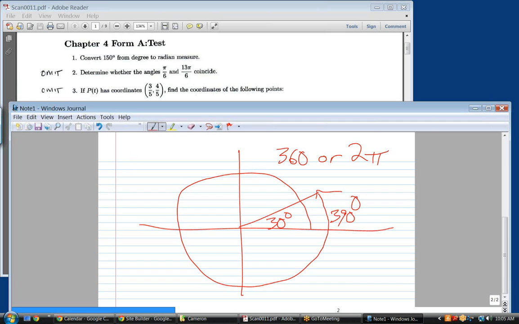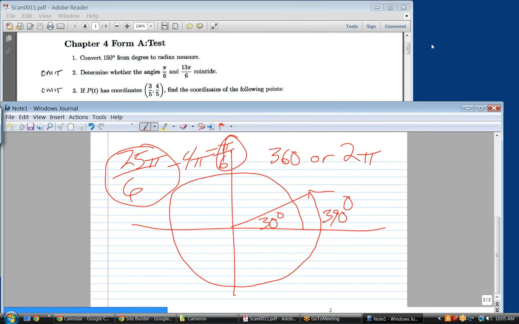In other words, if I had 25 pi over 6, I can subtract 4 pi from that and end up with pi over 6. So that is the same trig functions as that. You always want to pull out the greatest multiple of 2 pi to reduce the angle to an angle less than 360.